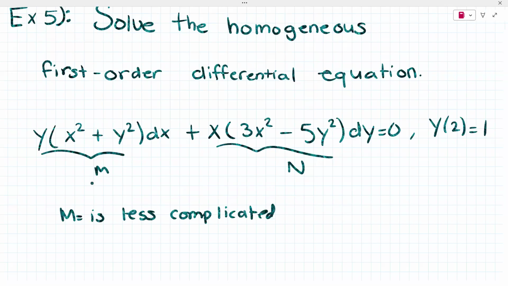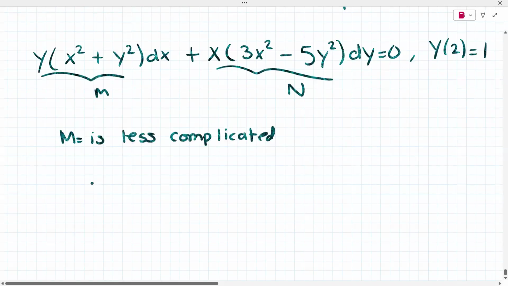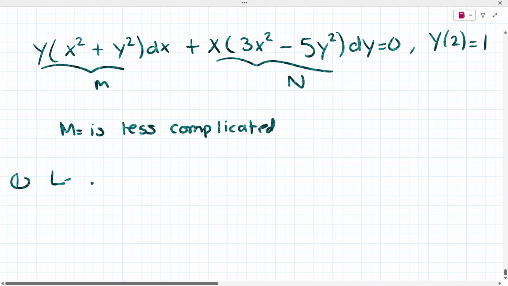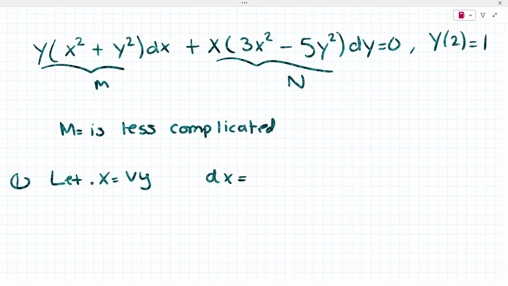So you're going to substitute, or let x equal v times y. And then your dx is going to be, so you use the product rule, your f is x, your g is y. So f prime is dx, and then your g prime is dy.